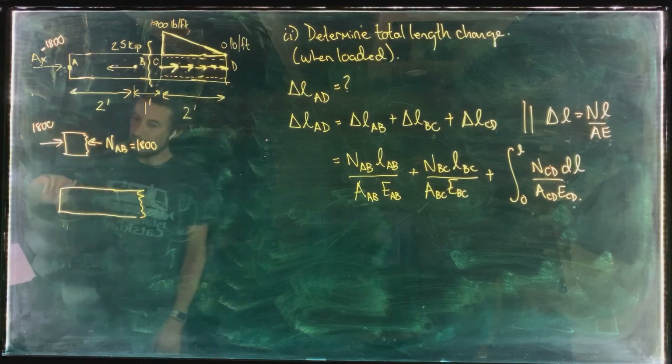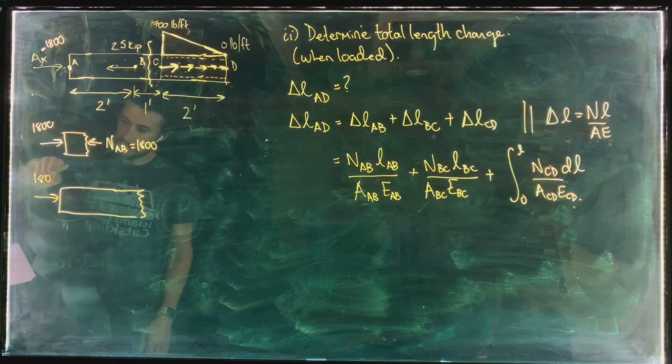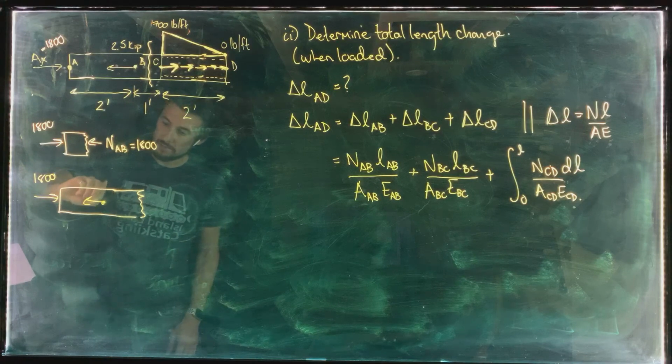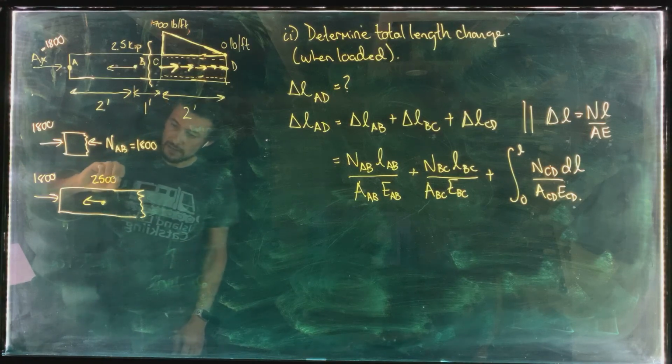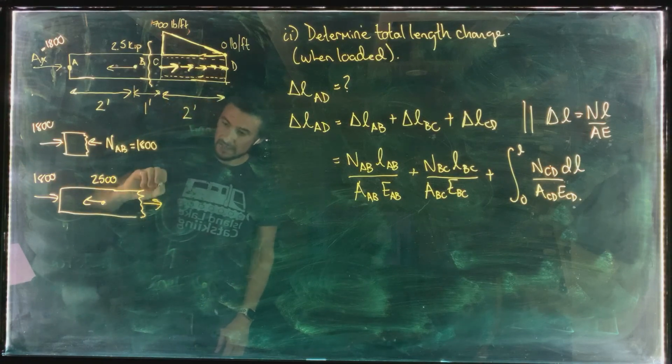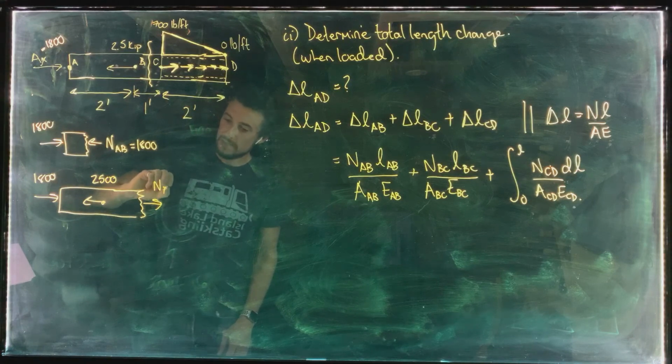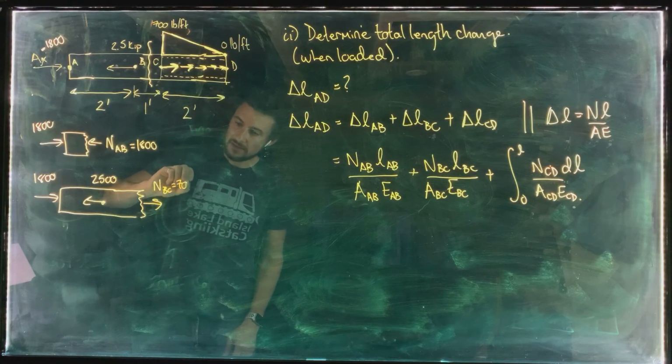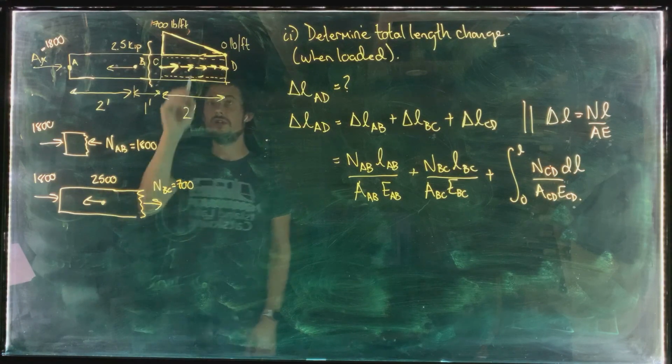And we said that this was 1800, and then we've got 2500 in this direction, which leaves us with NBC is 700 in that direction.